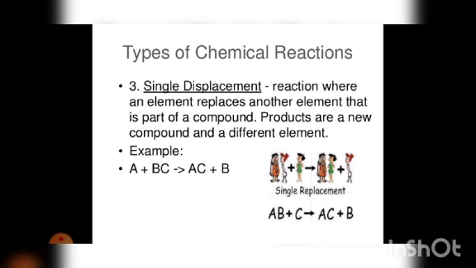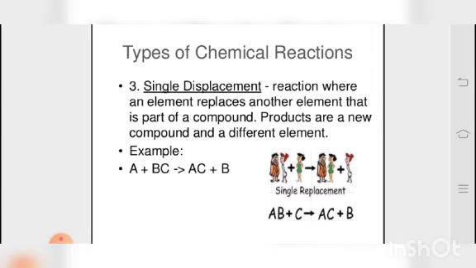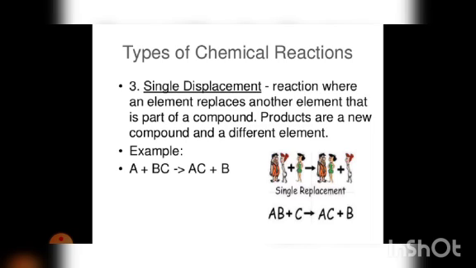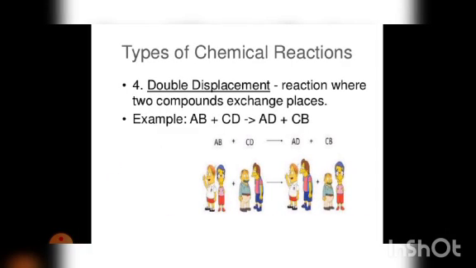If A has to displace B from BC, then A must be more reactive than B, then only A can displace B. If not, no. Same way in the right hand side example, AB plus C, here C is more reactive than B, then only it could displace B. If C was less reactive than B, it cannot displace B from AB. We'll see some examples in the next slides.